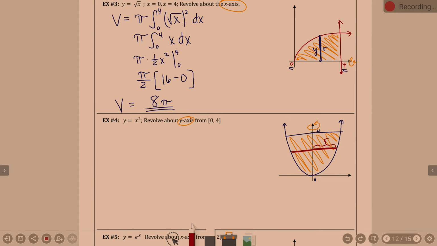Or in this case, since it's horizontal, it represents x. So whatever x is equal to. And again, is my area that I'm rotating touching the axis I'm rotating about? And it is. So this again is a disk method. This one also. You only know the disk method right now, but they're disk methods because they are touching the axis you're revolving around. Okay, did you set up?